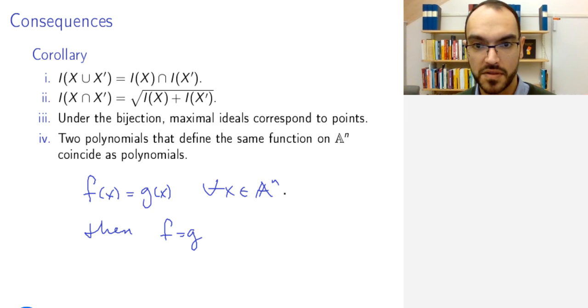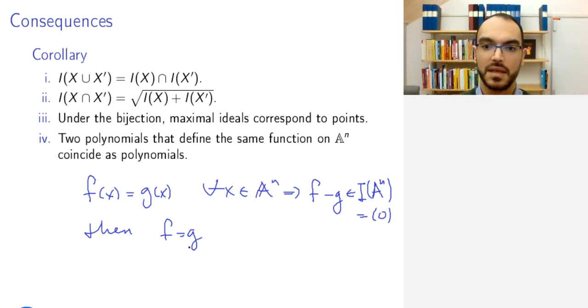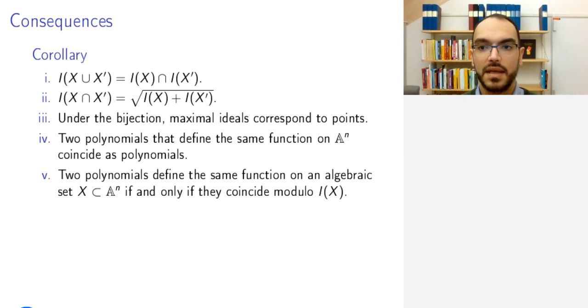And this is because this would imply that f minus g belongs to the ideal of the whole set, which was the zero ideal. So then f is equal to g. And so this means that the affine space has enough points to distinguish all polynomials. And remember, we're working over an algebraically closed field. This would not be true over, say, a finite field.